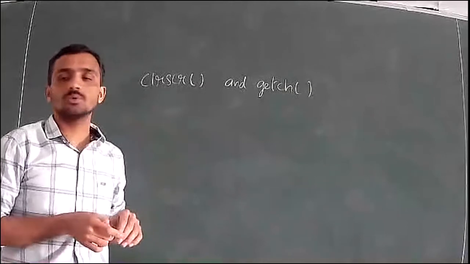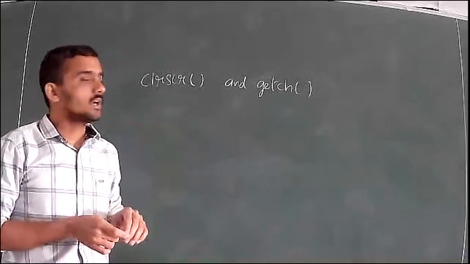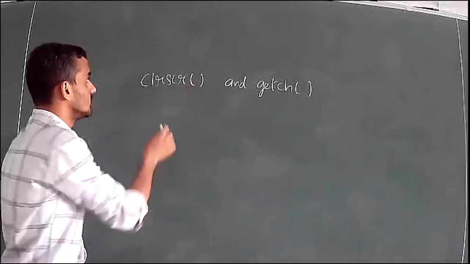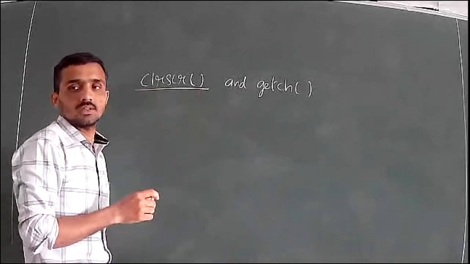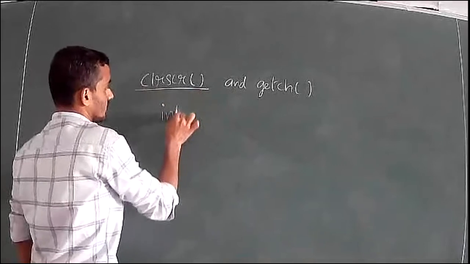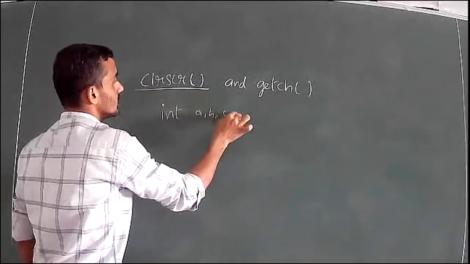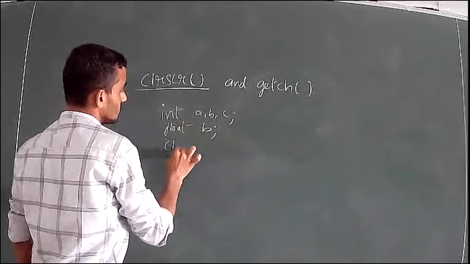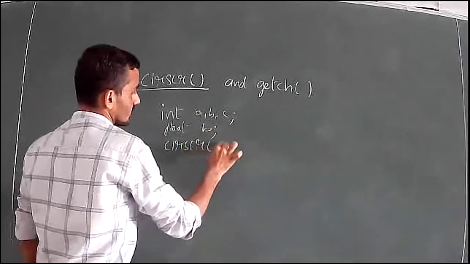Some important things about this. Whenever we have written clear screen, how have we written it? After the declaration, like a, comma, b, comma, c, and if there are variables for float, after this statement, generally we write clear screen.